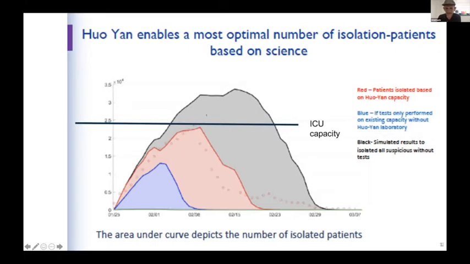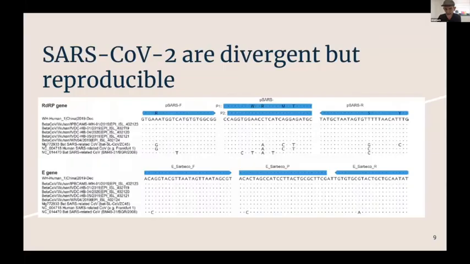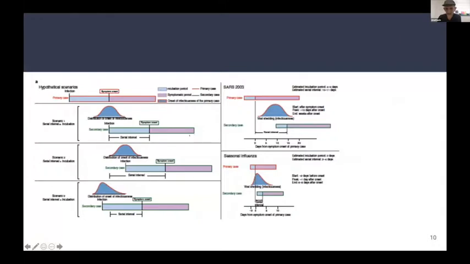And most of these cases would have accumulated above the threshold of the intensive care unit, which means higher chances of death. Another point in these tests is that RNA-dependent RNA polymerase viruses like SARS are incredibly variable, and most kits don't actually address the variation in sequence between one virus and the other.